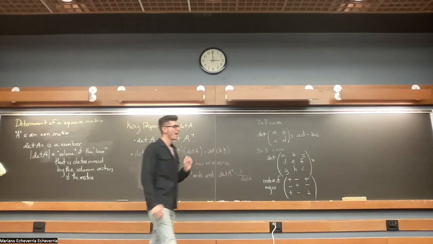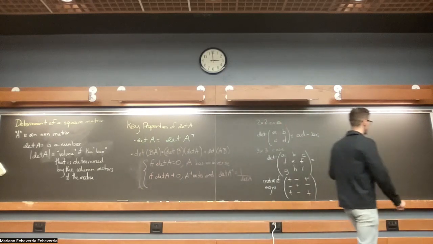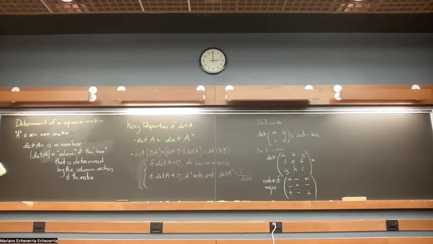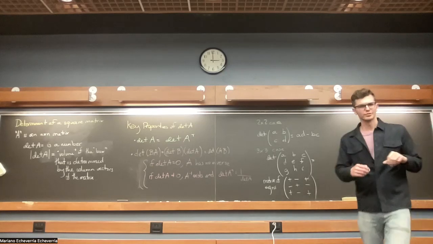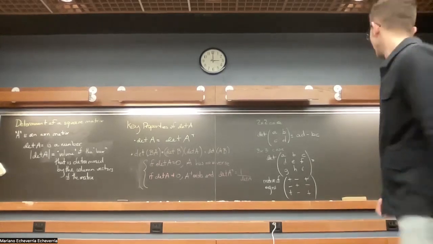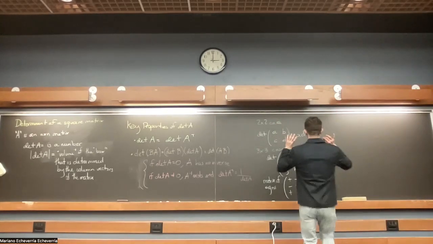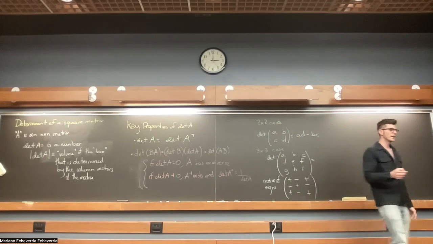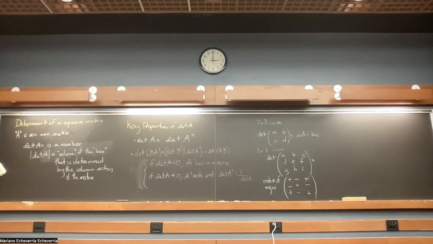Okay, and now comes the cool thing. So I want to compute the determinant of this 3 by 3, and for that, I have to choose my favorite row or column of the matrix. So someone give me their favorite row or column.